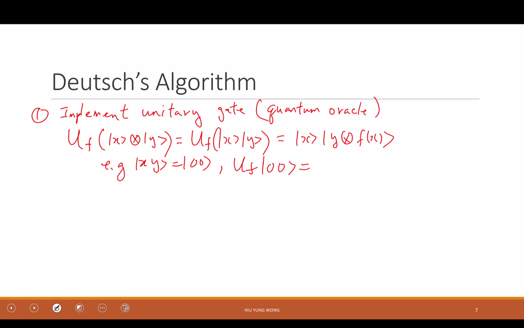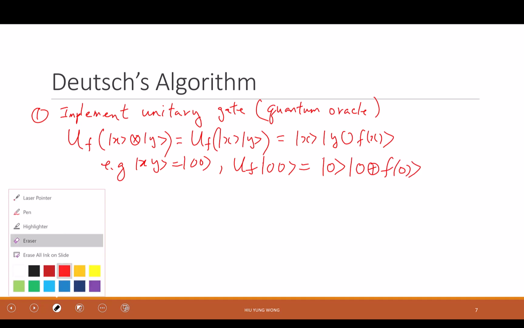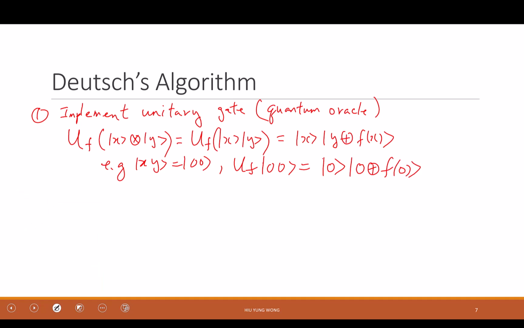No, I want you to do substitution, not the final result. Yeah, it depends on the function. You are right. What is that? 0. Exactly. So here I have a typo. It should not be cross. It should be a plus, exclusive or. What is 0 exclusive or function?